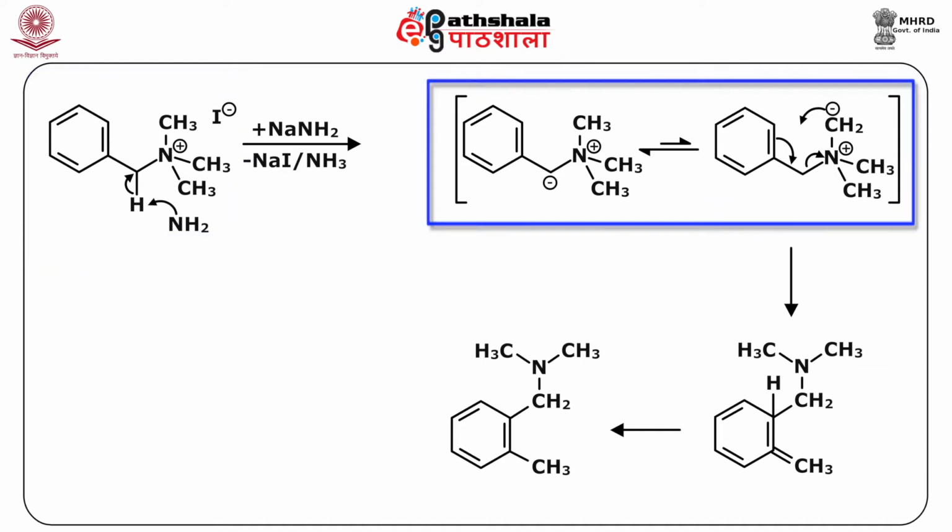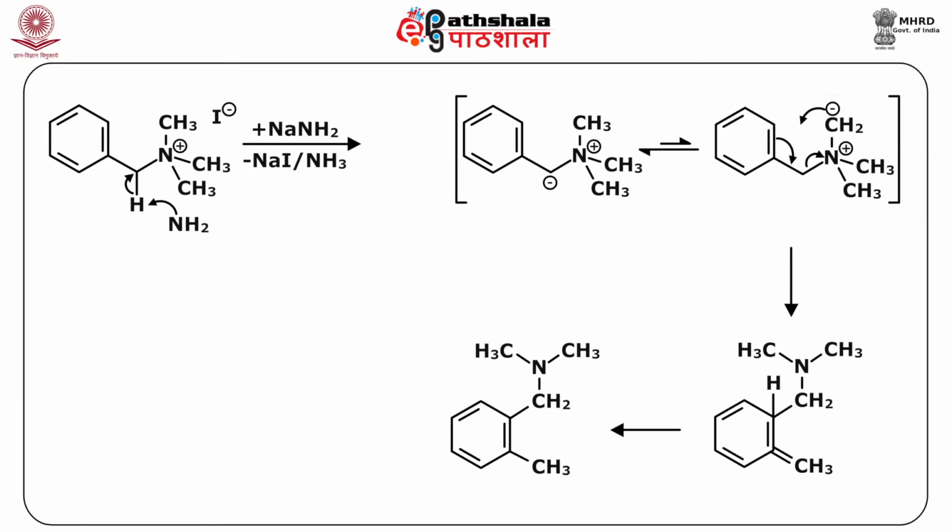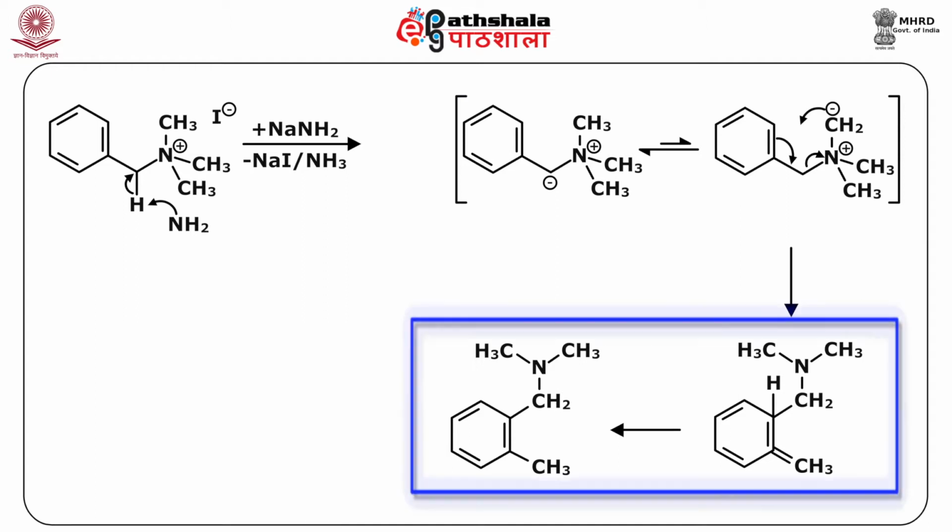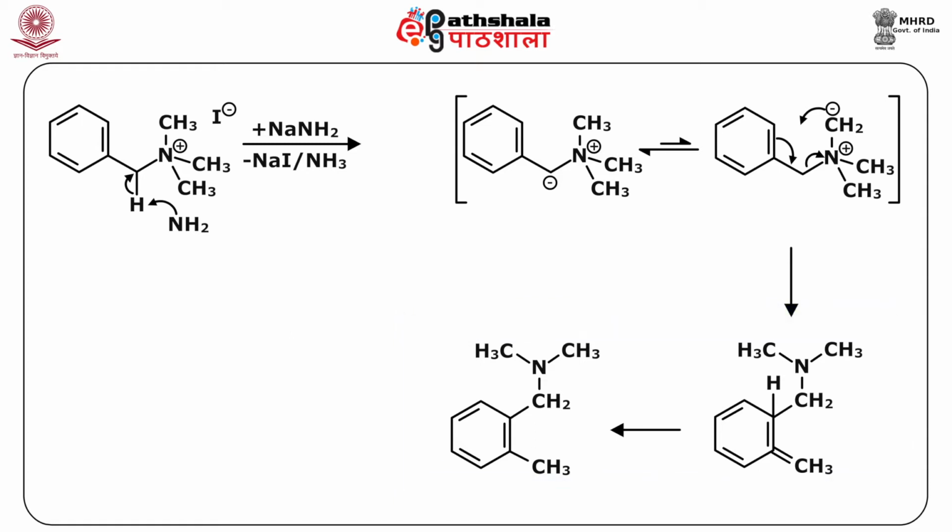The halide formed is in equilibrium with the second halide that is formed by deprotonation of one of the ammonium methyl groups. The second halide, which is present in much smaller amounts, undergoes a 2,3 sigmatropic rearrangement and subsequent aromatization to form the final product.